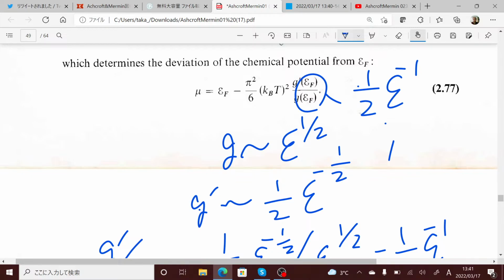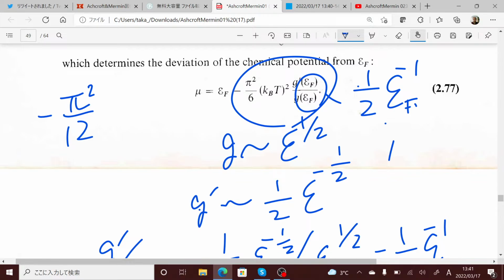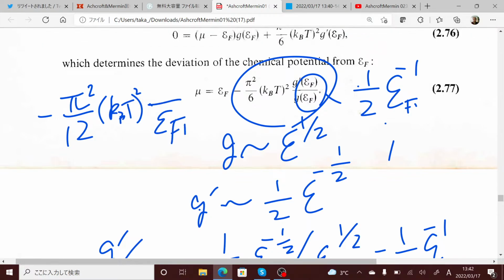Then we put epsilon F here. So this second term goes like minus pi squared divided by 12 (kBT) squared times epsilon F times 1/epsilon F.